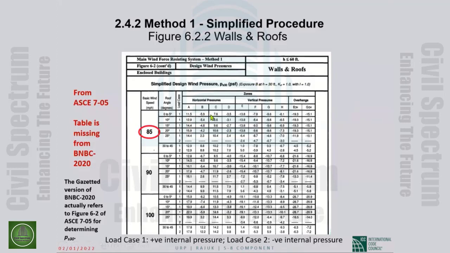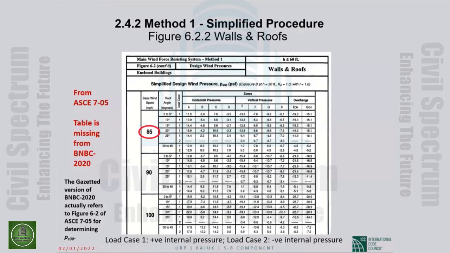The horizontal pressures are, as I mentioned, what we apply on the building: the pressure on the positive, on the windward face, minus the suction on the negative face. The vertical pressures consider positive as well as negative internal pressure. The S.Eng talk about load case 1 and 2.